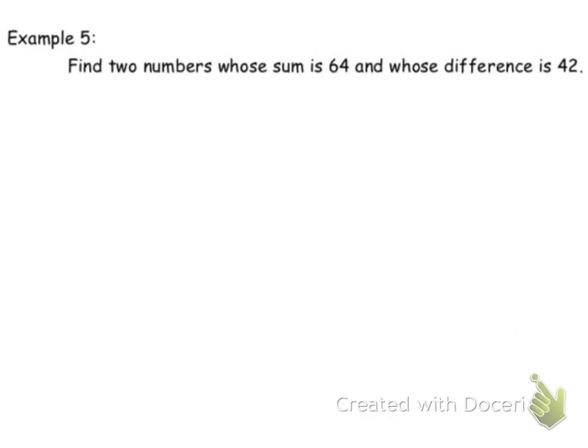So, what are we supposed to find? Find 2 numbers. Do you know what they are yet? We don't know the numbers yet. What can we call the numbers? X and Y. What's one thing we're told about these numbers? The sum is 64. What's sum mean?